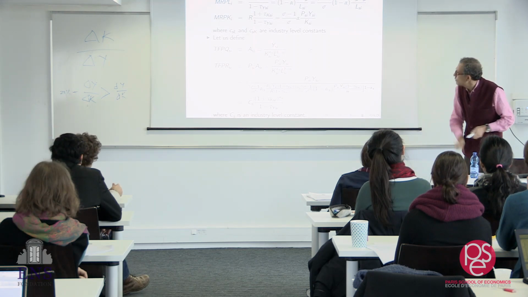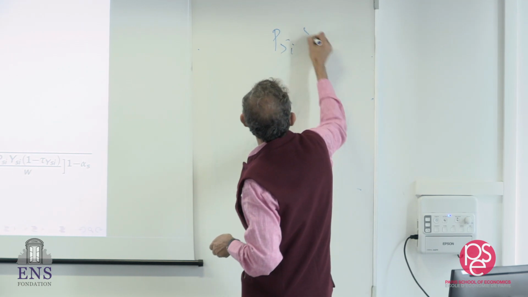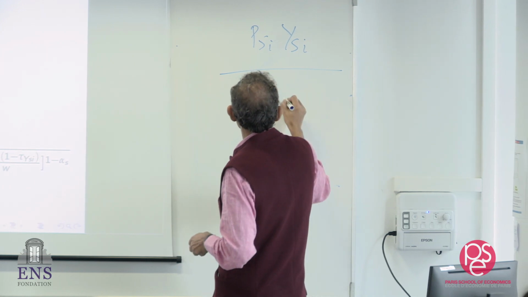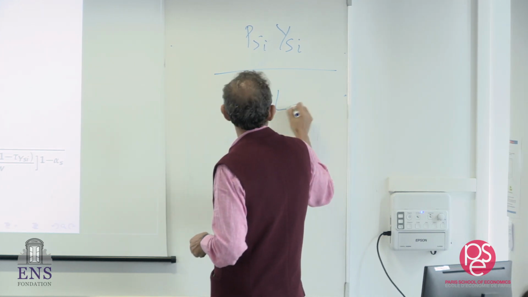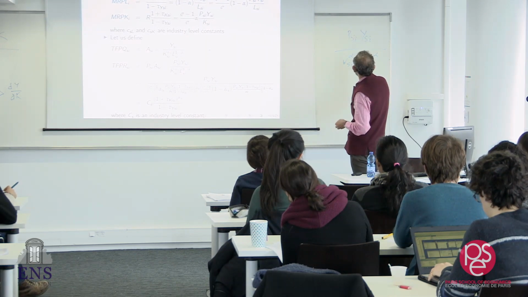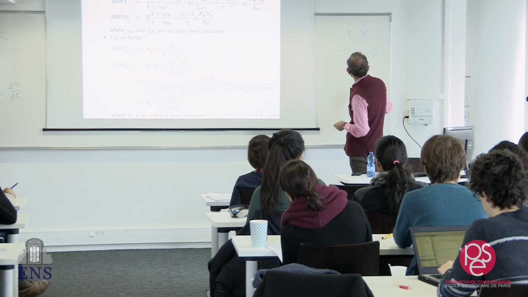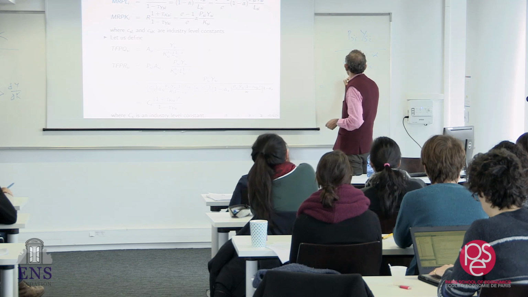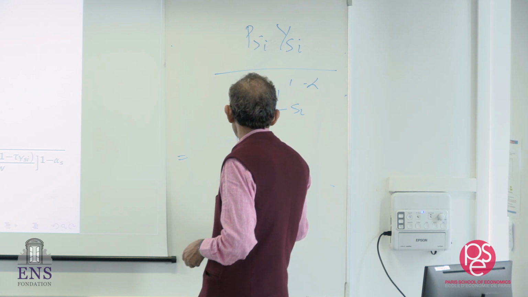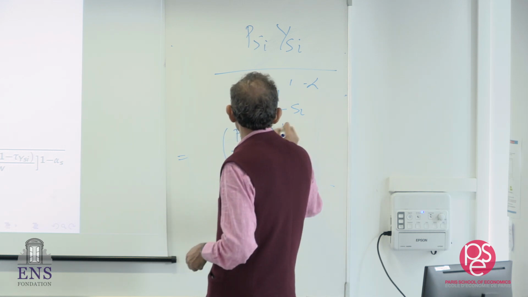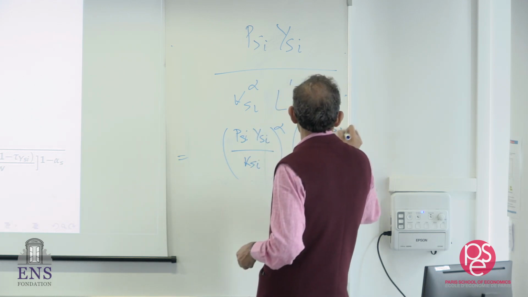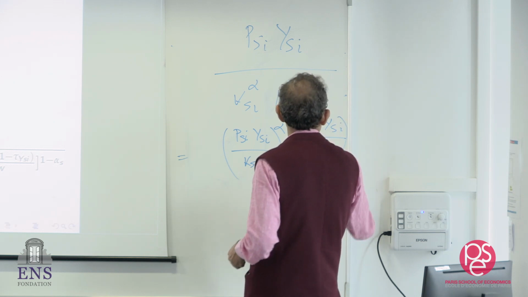So let's take this expression: P_si Y_si divided by K_si to the alpha, L_si to the power of 1 minus alpha. These alphas have s on them, but let's forget that, it's not so important. I can write this as equal to P_si Y_si divided by K_si to the power of alpha, times P_si Y_si divided by L_si to the power of 1 minus alpha.